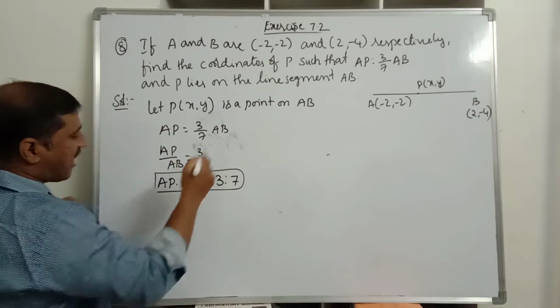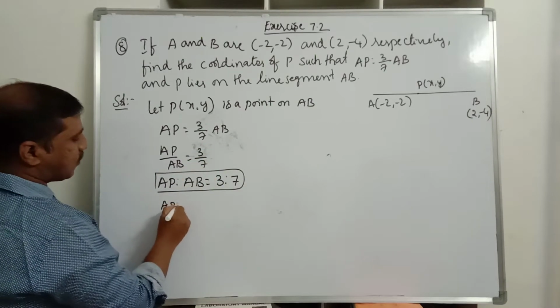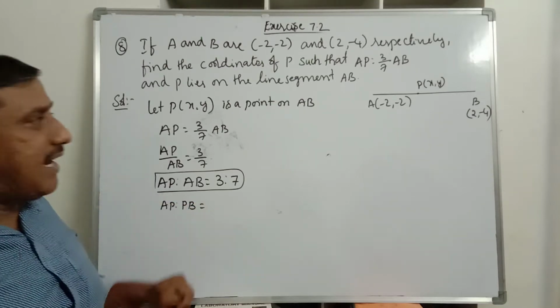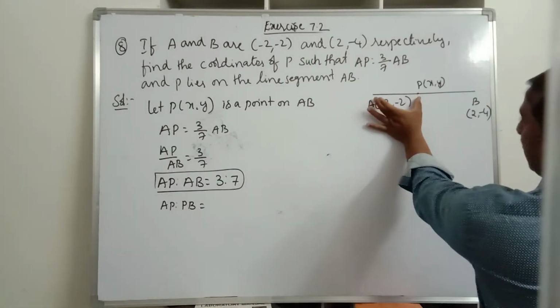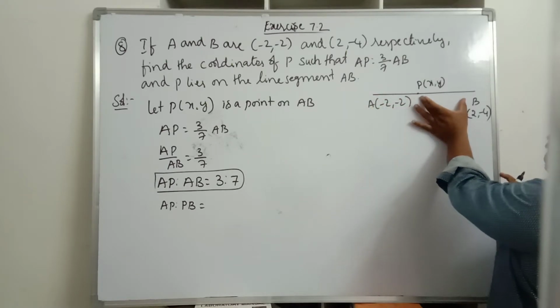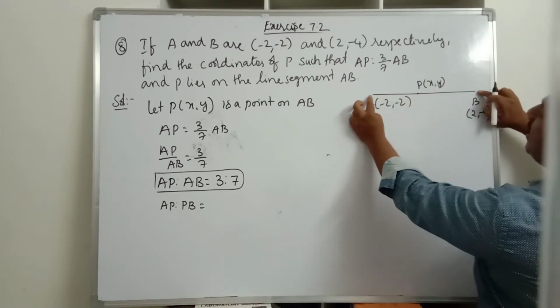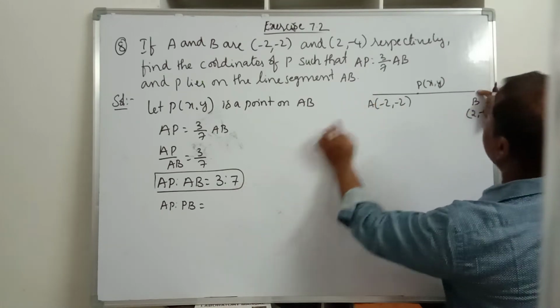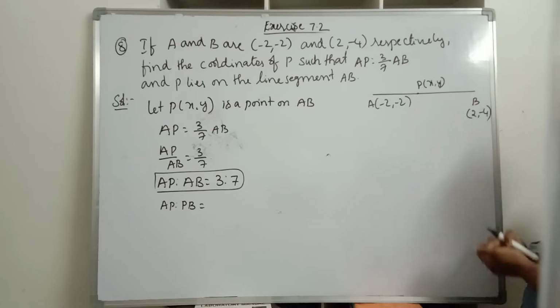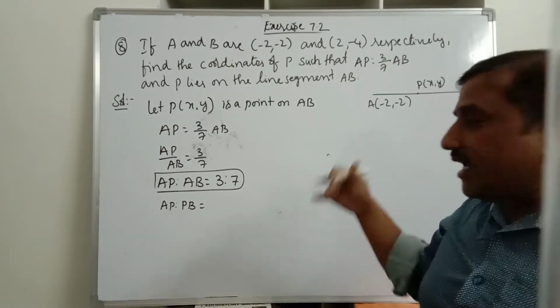Now, can we find from here AP is to PB? AP is 3 units or 3 parts, and PB is how much? First of all, the total AB is 7 units. AP is 3 units. Therefore PB will become 7 minus 3, which is 4.